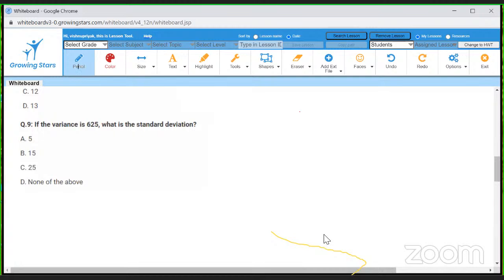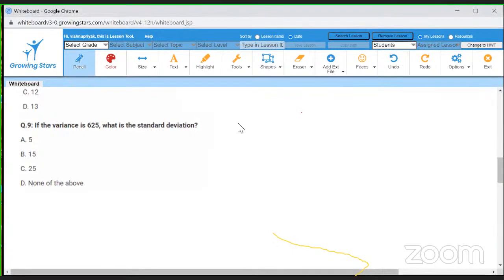Oh, already many got the answer. Some are saying C, 25, C. So everyone said answer C. Then that must be correct. Yes, C is the correct answer. How? Variance is the square of standard deviation.